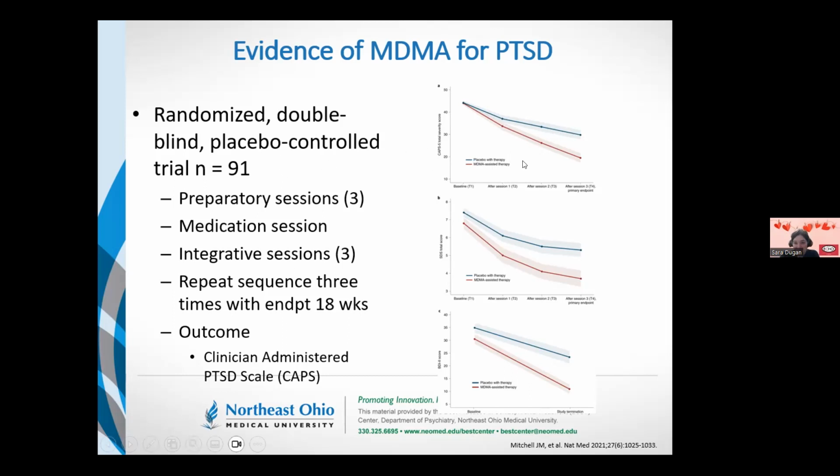The difference was seen after the second session and was maintained by the time they were at the end, at the 18 weeks of the study. So after the first session, there was a little bit of a difference between the 2, but it wasn't statistically significant. They did see a more prominent difference after the second session.